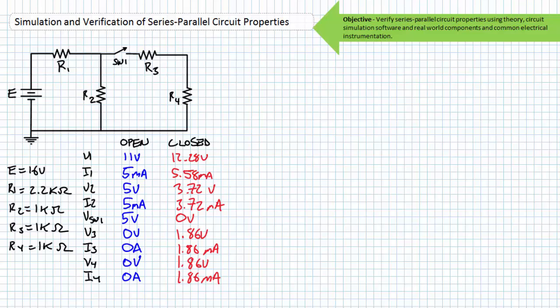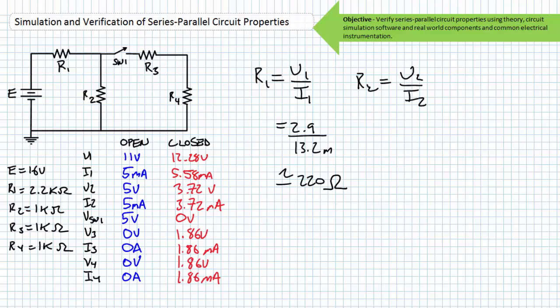Given we know the voltage drop across each resistor and the current through each resistor, a rearrangement of Ohm's law suggests R1 equals V1 divided by I1 and R2 equals V2 divided by I2. A quick check of the observed values for the as-built circuit suggests R1 has a resistance approximately 10 times less than the desired value of 2.2 kiloohms.